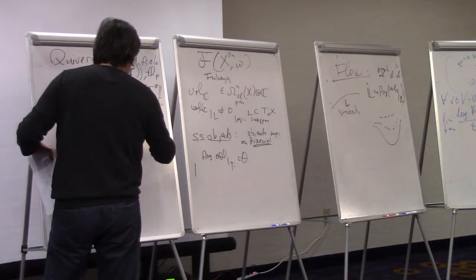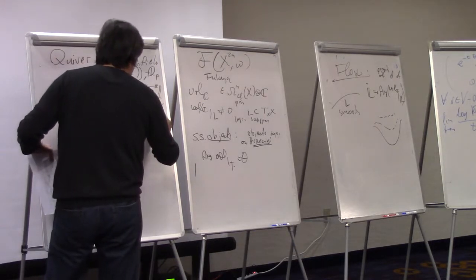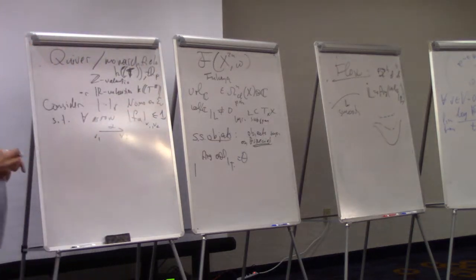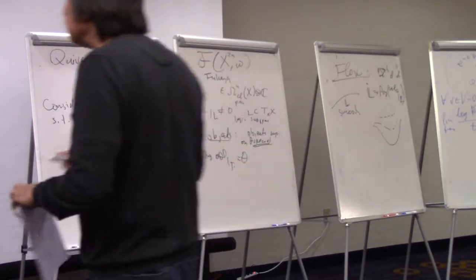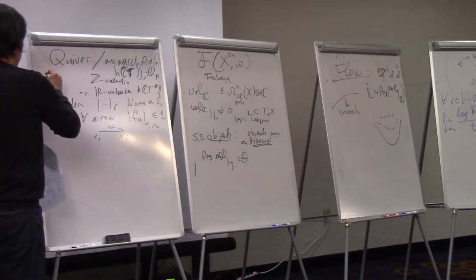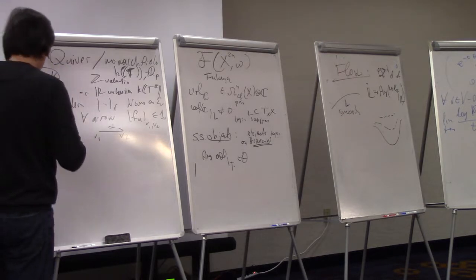A norm is such that an arrow goes from vector space to vector space, and the operator norm is less than 1, so it doesn't increase the norm. So I consider only such norms, and again, I think of complex numbers in the upper half plane.